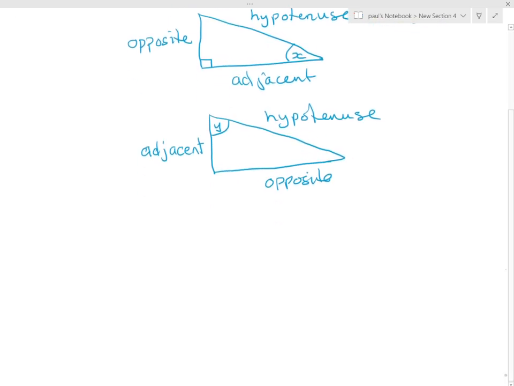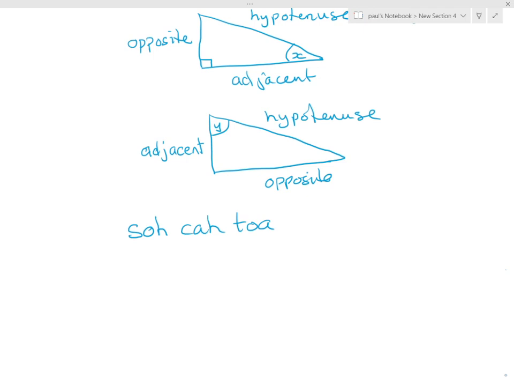Now once you know what they are, you need to remember this for trigonometry. This is SOHCAHTOA. The word SOHCAHTOA can be split up into three different parts, and it will give you an equation or a formula to find the unknown side or angle regardless of what you know.